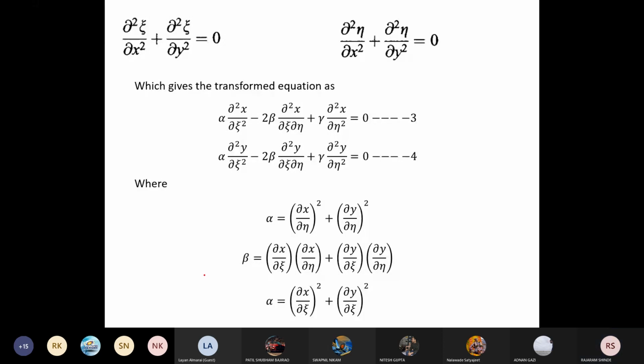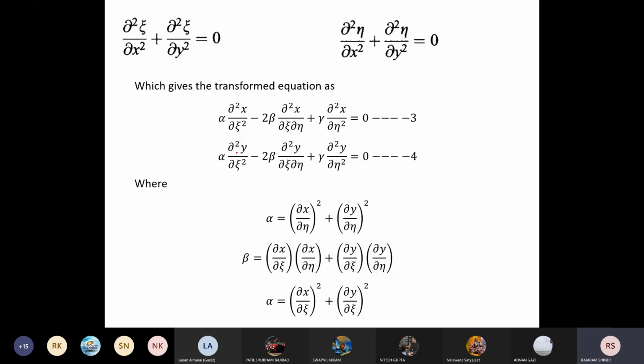You can see here, if we consider the inverse transformation, you will get this type of transformation, that is alpha d2x by d xi square minus 2 beta d2x by d xi d eta plus gamma d2x by d eta square. And for the second equation, for y transformation, you get this equation.